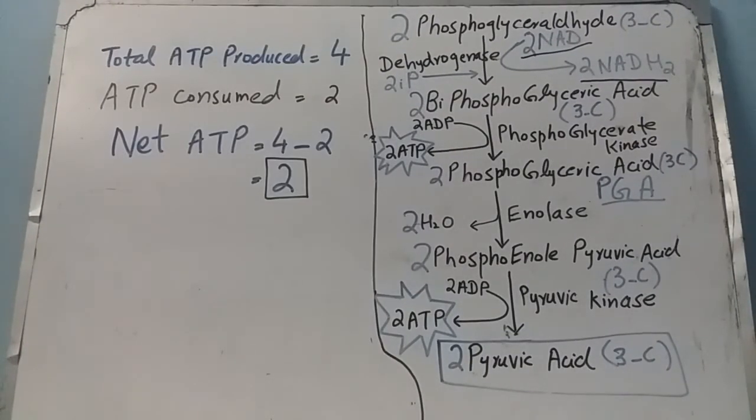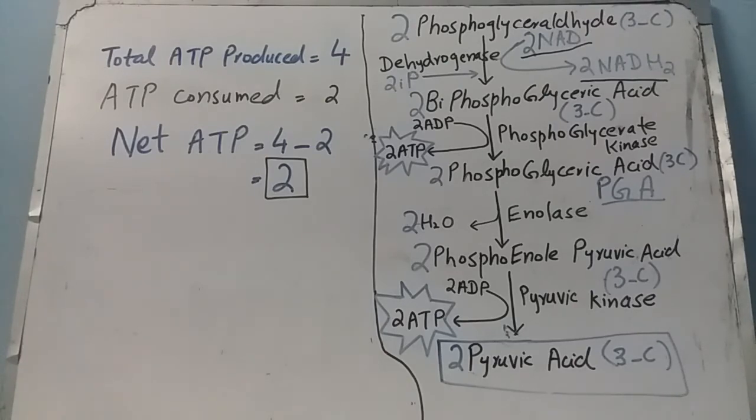Now I am going to explain the net ATP production during glycolysis. In glycolysis as a whole, a total of 4 ATPs are produced, and you can see it here on the left side of the board. In the start of glycolysis, 2 ATPs are consumed in the first phase. So for the net ATP we will subtract the 2 ATPs from the 4.